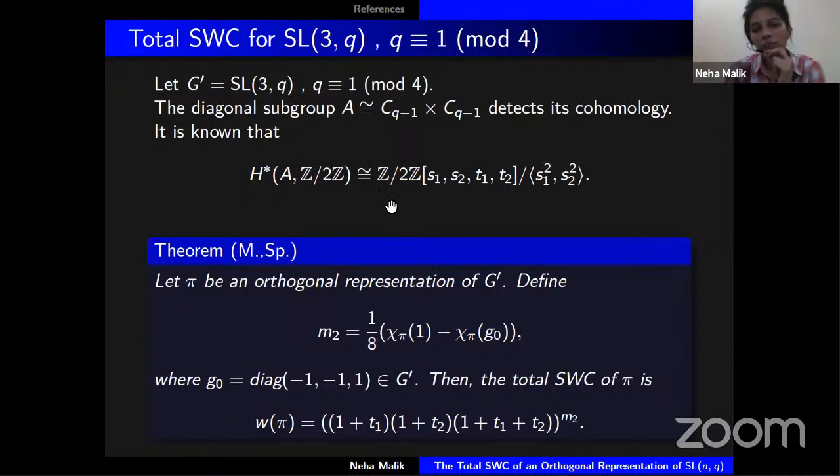So if you have any pi such that its first and second Stiefel-Whitney classes are 0, then in the total Stiefel-Whitney classes, this S1 and S2 don't play any role. That is why only these T_i's appear here, and we again have a similar kind of character formula here. So this completes our work for SL3Q.